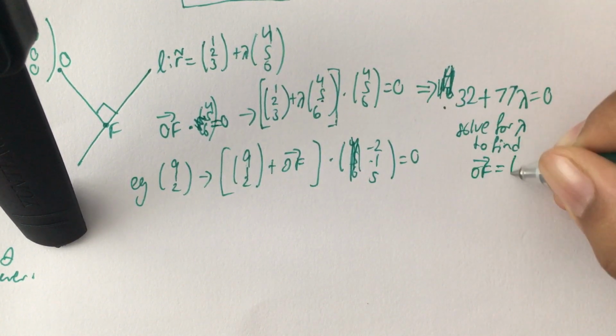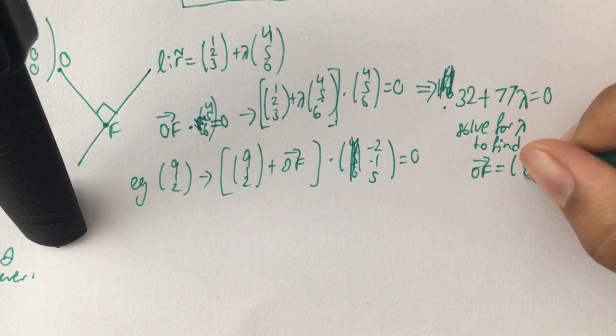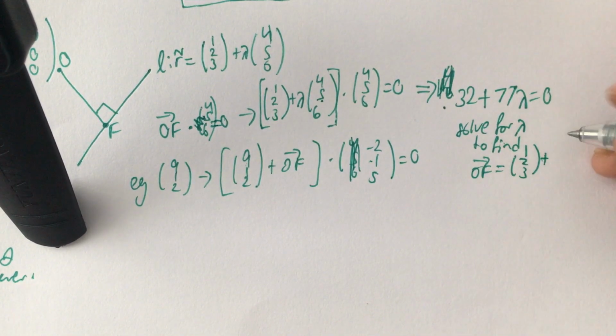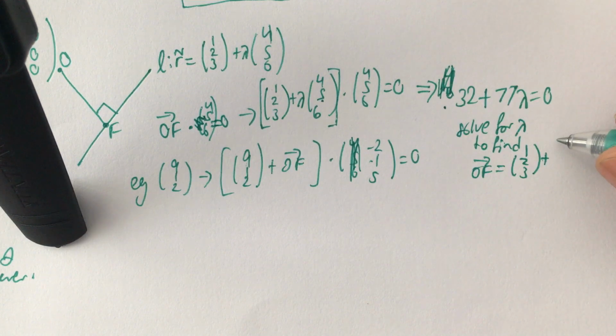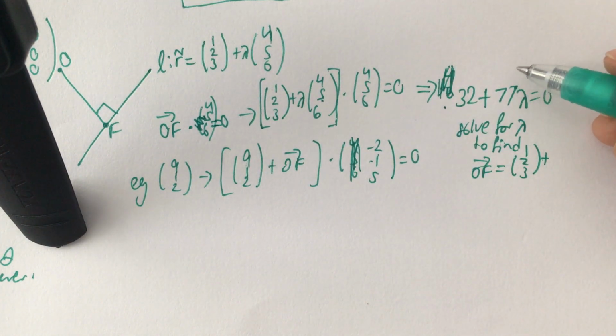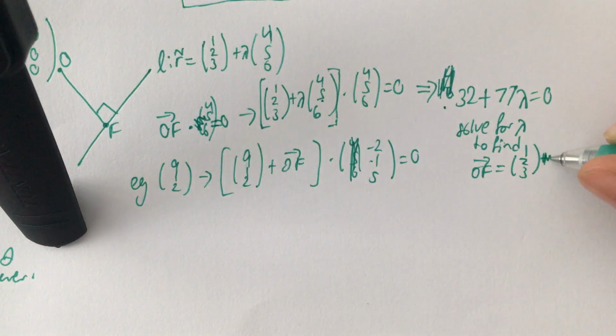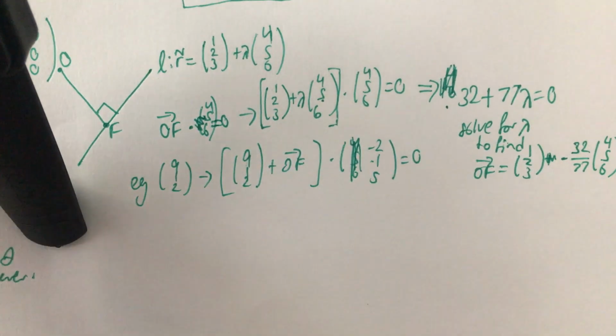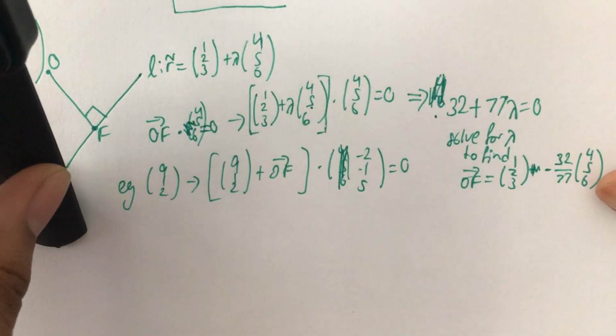So OF would be equal to, for example, 1, 2, 3 plus lambda times 2, 3, 4, where we don't know what lambda is. And that entire thing is dotted with only the direction vector, which is 2, 3, 4, and that is equal to 0. From there you can do the dot product on the position vector, which is pretty straightforward.